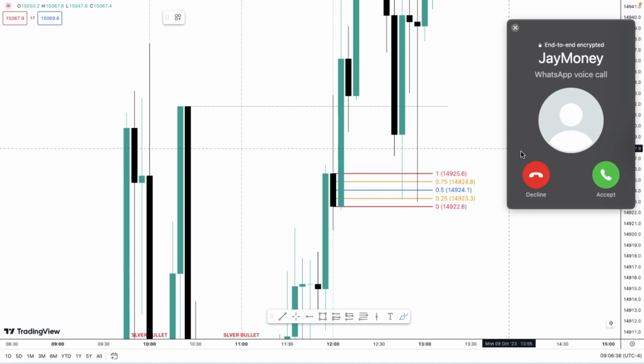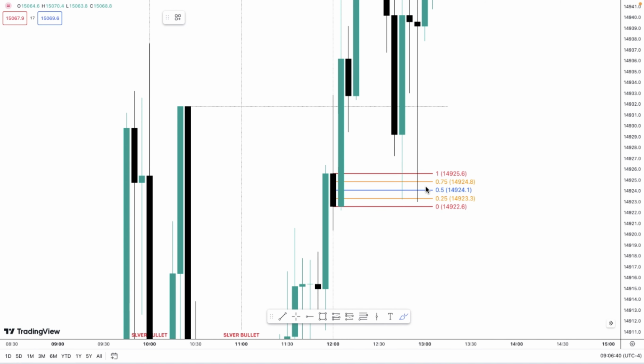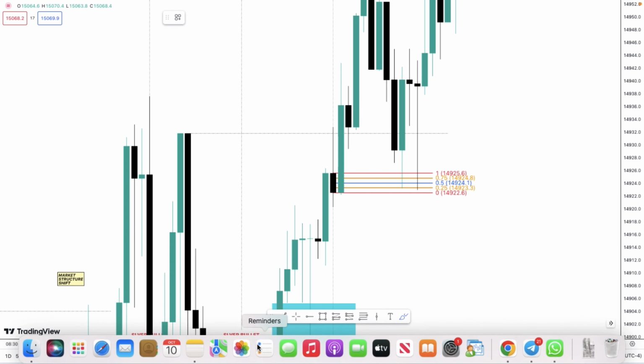Yeah, this was calling me. But you don't expect price to close, in terms of closing the bodies, below the main threshold of a bullish order block if we are bullish.